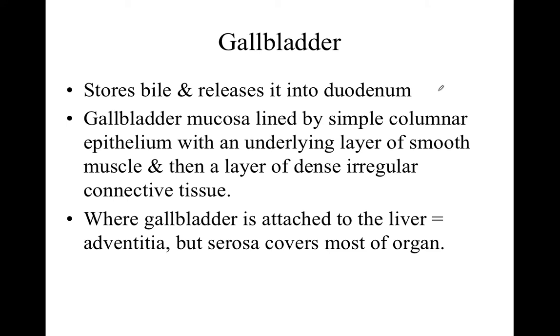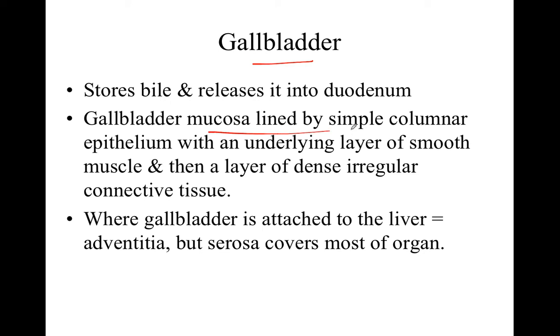Another important structure we have is the gallbladder. This is very important because it stores and releases the bile. The bile is stored and released into the duodenum through the gallbladder. Usually the gallbladder consists of mucosa and submucosa, and we have smooth muscles, and we have the area of serosa.